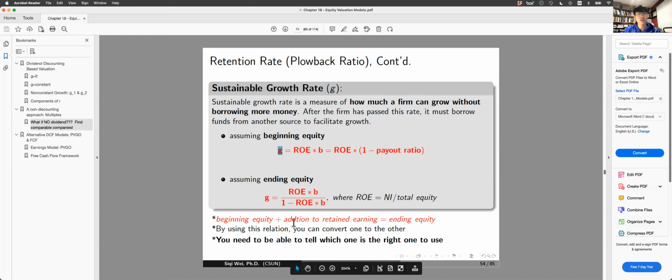Okay, so beginning equity plus the addition to retained earnings is equivalent to ending equity. So that's how it works. But it's not very fancy, just kind of depending on the scenario. Let's just simplify the process. We are going to follow the beginning equity form.